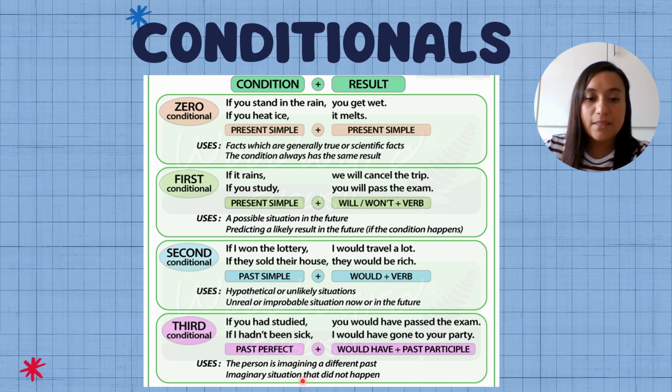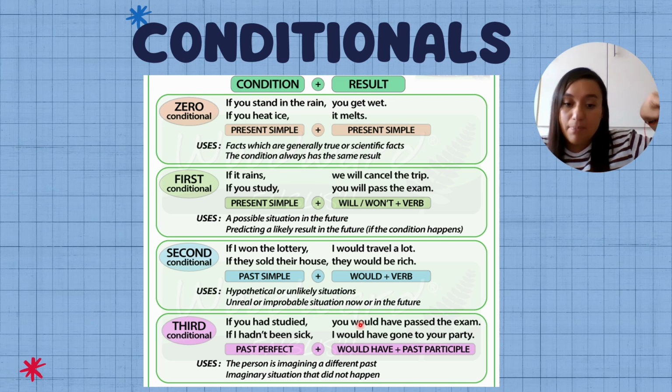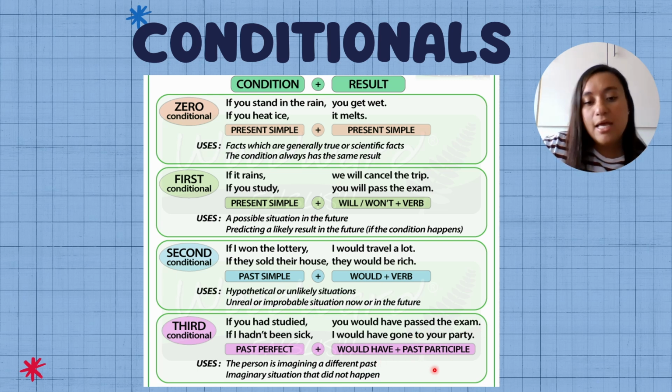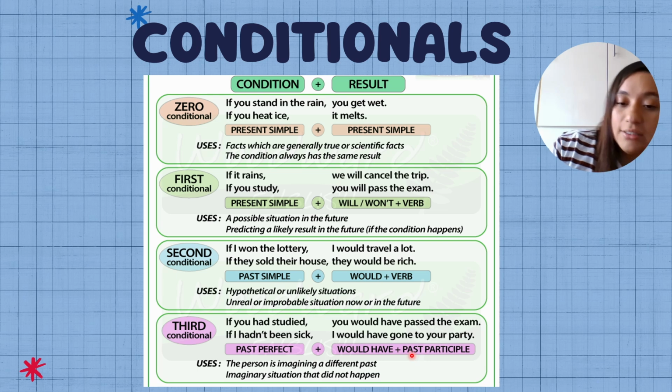And finally, the third conditional. The third conditional is when a person is imagining a different or imaginary past or situation that didn't happen. So, if you had studied, past perfect, you would have passed the exam. We have would, we have have, and we have the past participle.